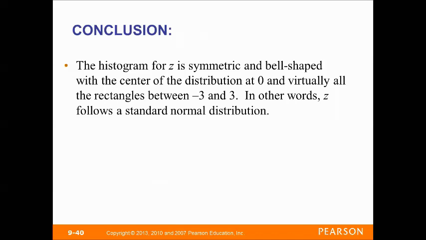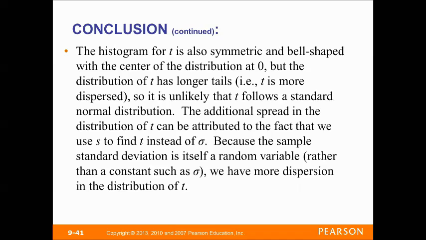So some comparison for the standard normal curve. Z is symmetric and bell-shaped with the center at 0, and almost everything lies between -3 and +3. However, the t distribution, while it is symmetric and bell-shaped with a center around 0, does have longer tails.